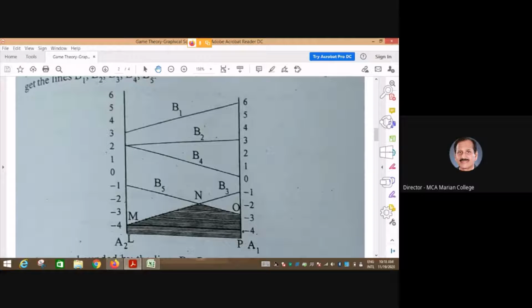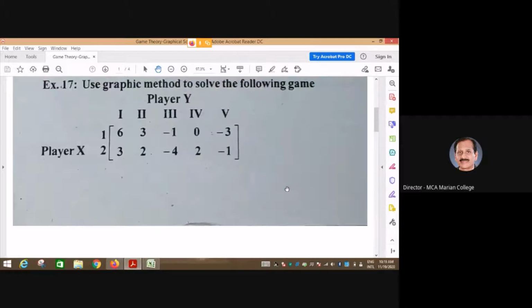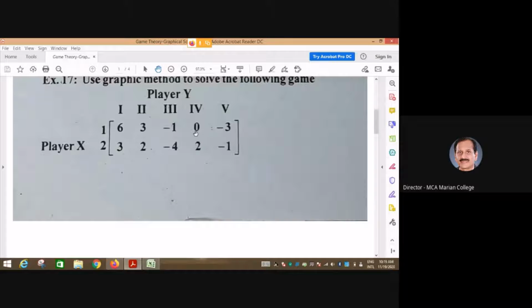Now you can see the values, the payoff matrix. The first row we have 6, 3, minus 1, 0, and minus 3. And the second row we have values 3, 2, minus 4, 2, and minus 1.